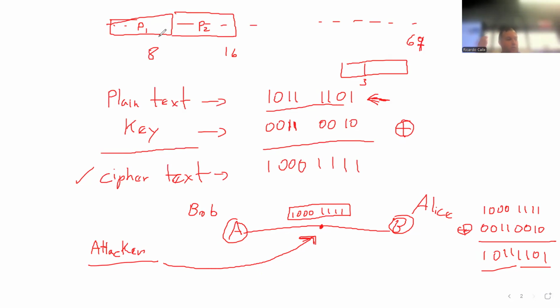All right, so that was XOR. Are there any questions about XOR? Is that clear? I assume we can move on. So that was XOR, one of the most basic and underlying operations, at least for block ciphers and symmetric encryption.